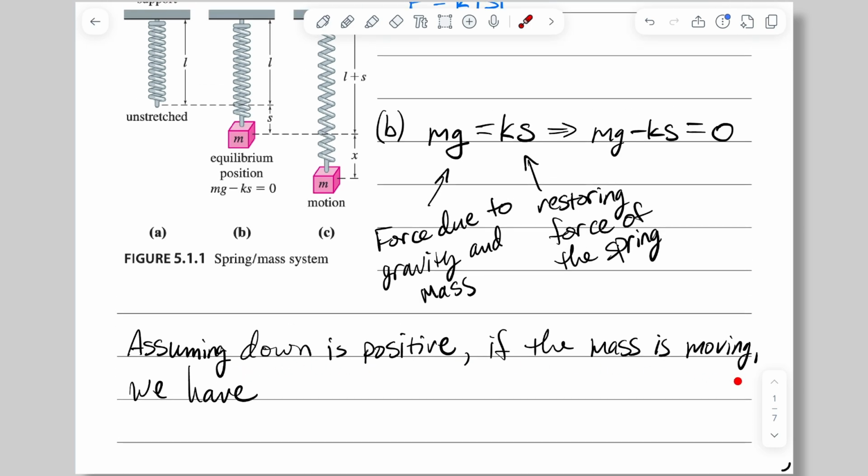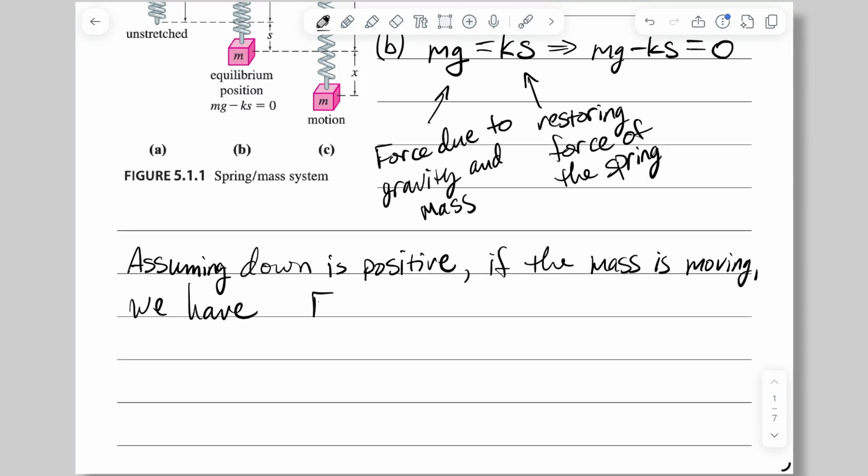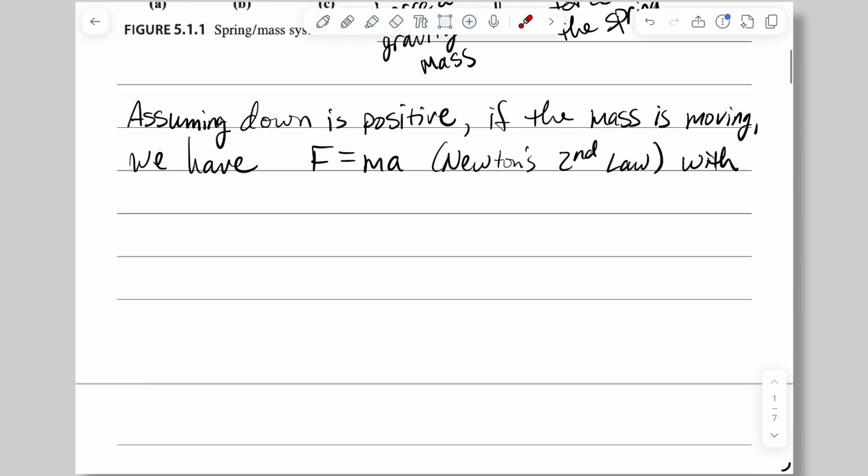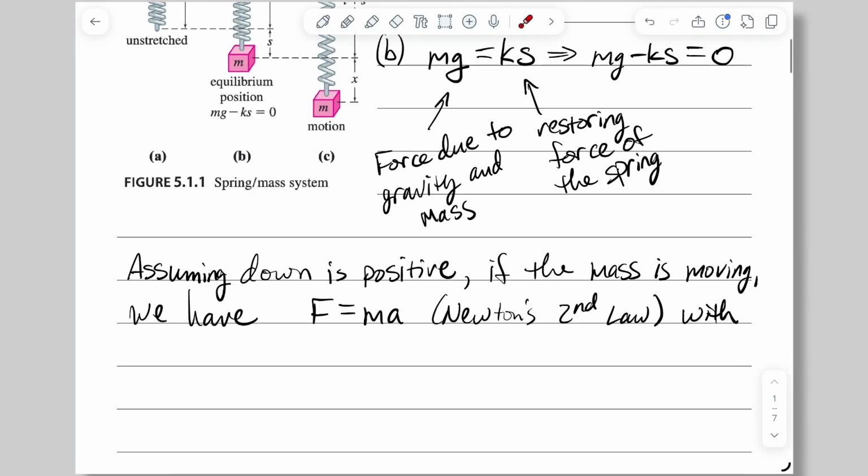Assuming down is positive, if the mass is moving, so we have this situation here where the mass is off of equilibrium, the force acting on the spring is mass times acceleration, as described by Newton's second law. Acceleration is the second derivative of position, and we're looking at position as being a distance from equilibrium.